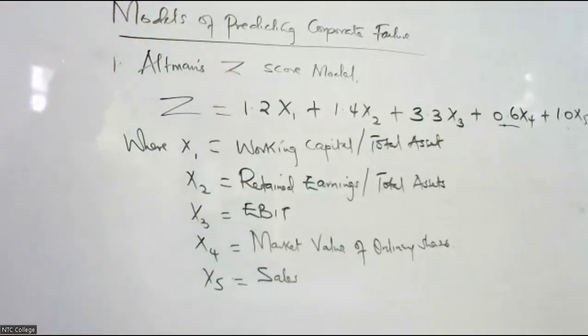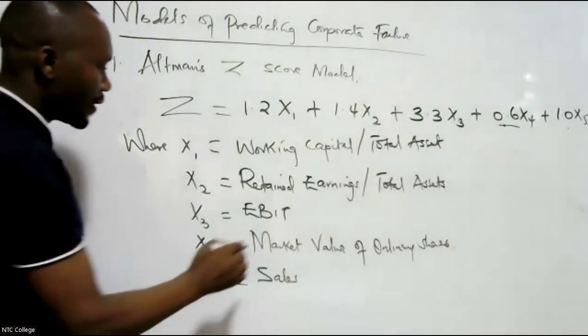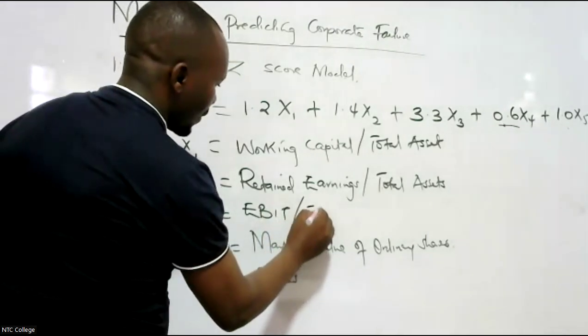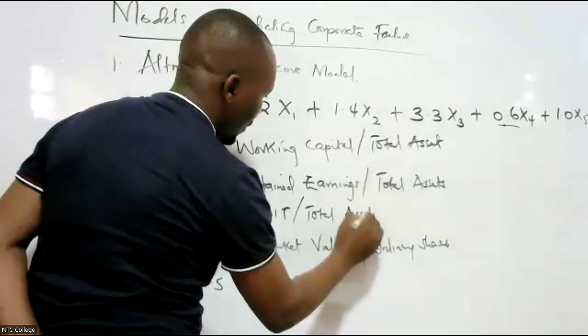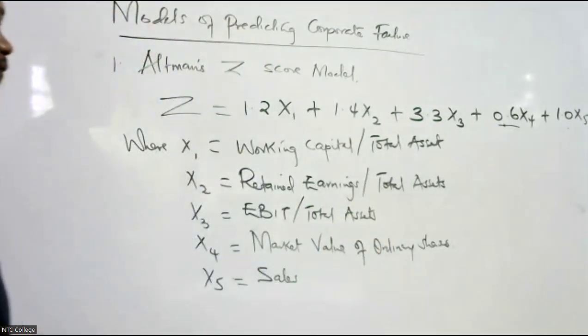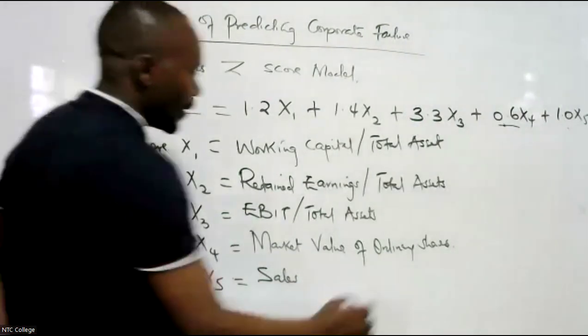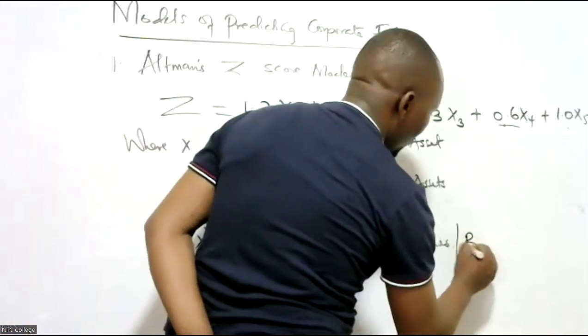Then we have EBIT all over total assets. Then we have the market value of ordinary shares, all over book value of debt.